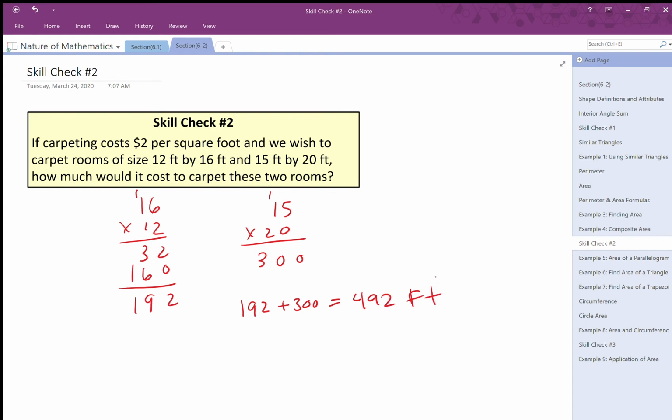We have 492 square feet times $2 per square foot gives us $984.